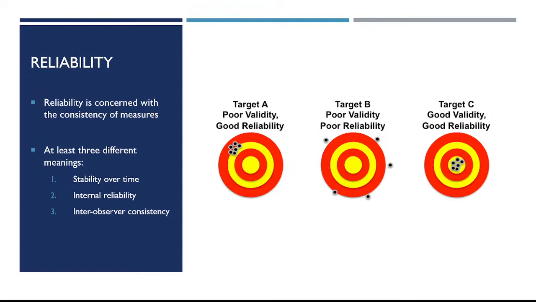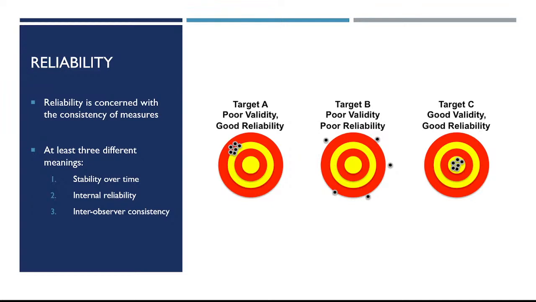The second is internal reliability. This is consistent within a kind of range: within the range of the project, it would be reliable, but outside of the project you might get different results. So basically within your study, you're getting a consistent way of measuring things and consistent results overall.